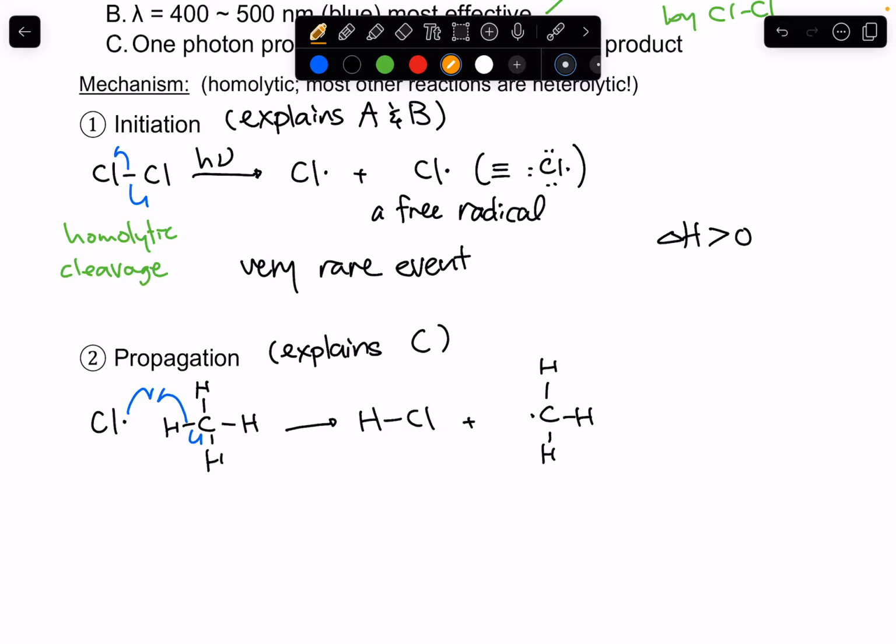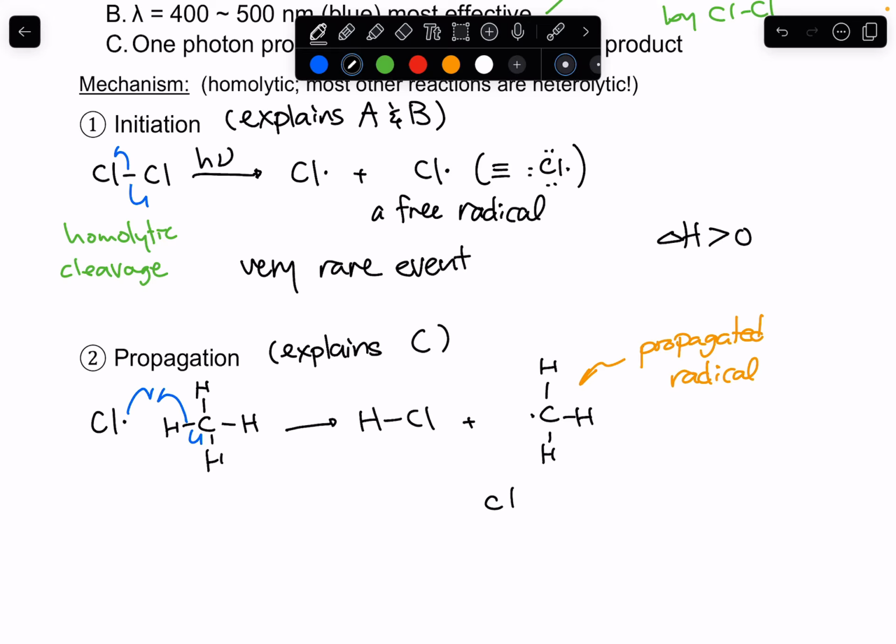We could say that this is the propagated radical, because chlorine ceased to be a radical through this mechanism, and that's the driving force for that step, and yet you created a new radical here, right? So remember, this is a rare event, so there's only like one chlorine radical atom in the whole reaction mixture, a bunch of methane. What else is there that's abundant in this reaction mixture?